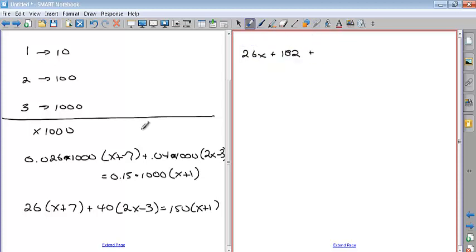Then 40 times 2 is 80, so 80x. 40 times negative 3 is negative 120. And that's equal to 150 times x, so I get 150x plus 150 times 1. Combine like terms: the variable terms give 106x, and 182 minus 120 is plus 62.